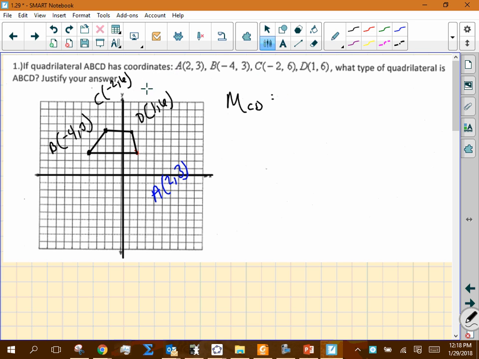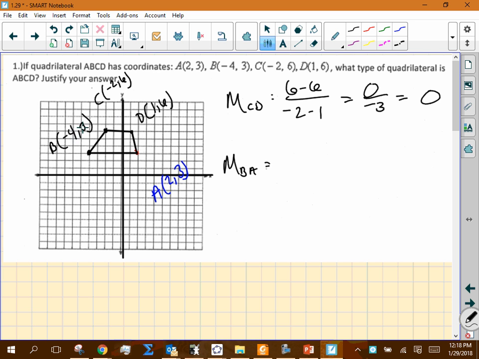So the slope of CD: I take the y values and subtract them, 6 minus 6, and then the x values, negative 2 minus 1. I get 0 over negative 3, so that slope simplifies to 0. Now I'm going to do the same thing with BA, because they're opposite, and that's what we're usually looking for with parallelograms, opposite sides.